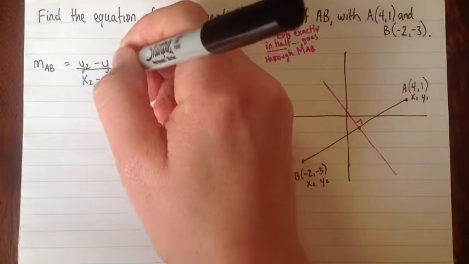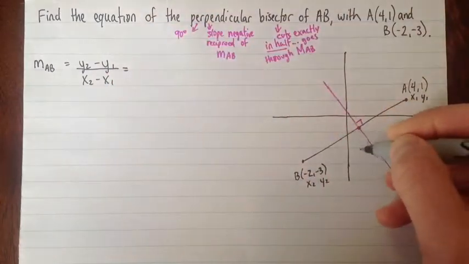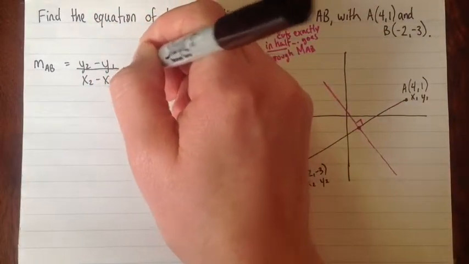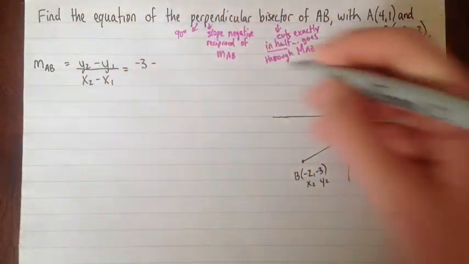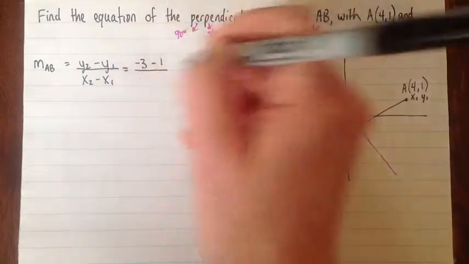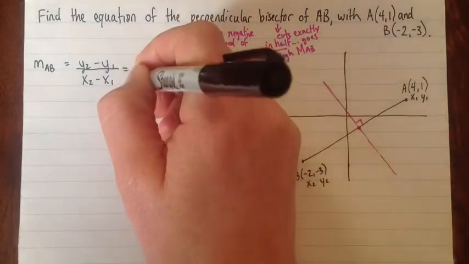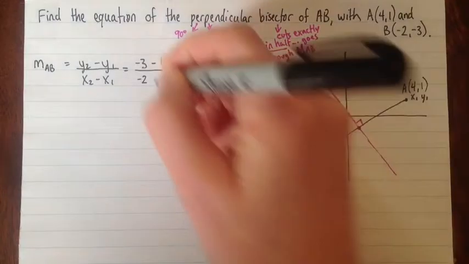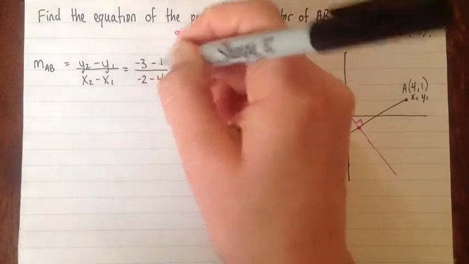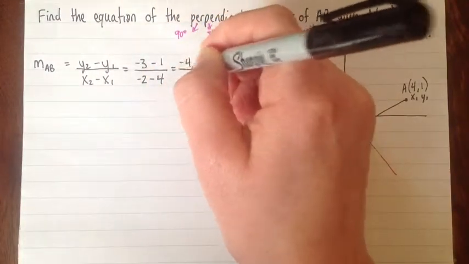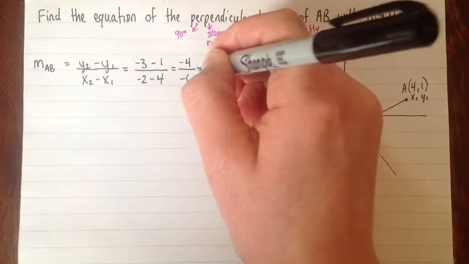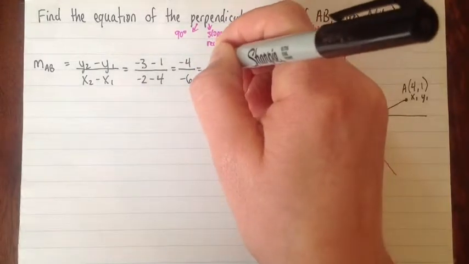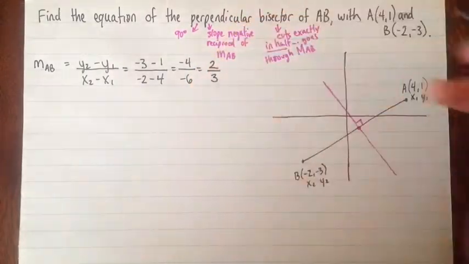So we have -3 take away 1, over -2 take away 4, which is -4 over -6. Negative divided by negative is positive, so that's 2/3.